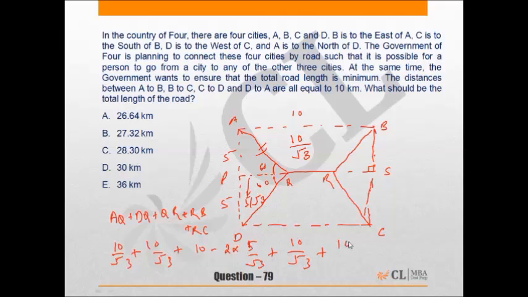RC is also 10 root 3. This comes out to be 10 into (1 plus root 3), which is approximately equal to 27.3, and therefore option B is the correct answer.